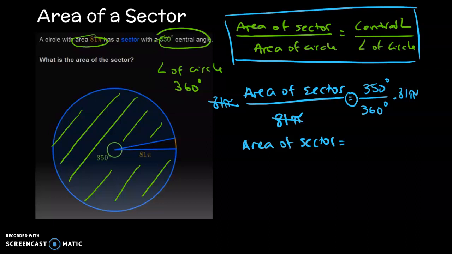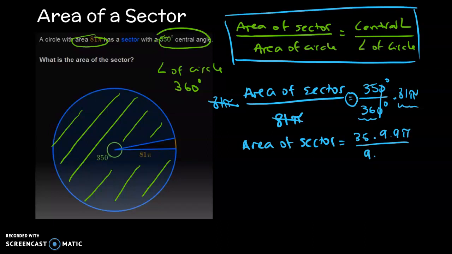I'm also going to simplify my ratio of 350 over 360, and rewrite my 81 pi and my 36 as multiples of 9. The reason I'm doing this is to make my simplification a little bit easier.